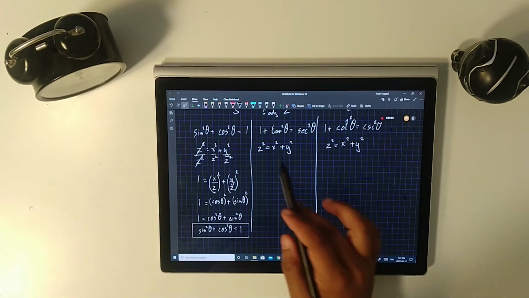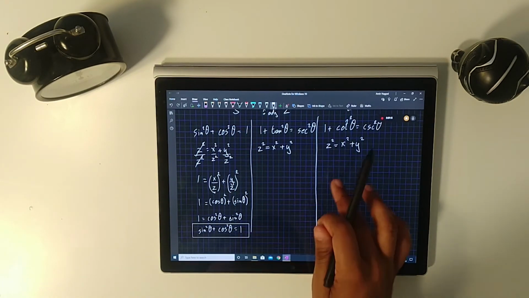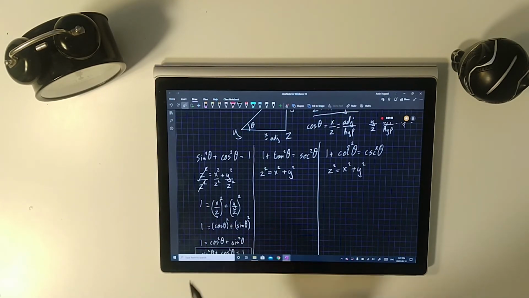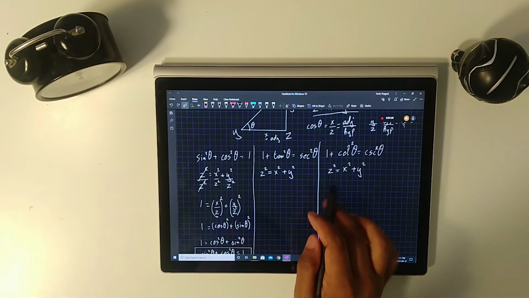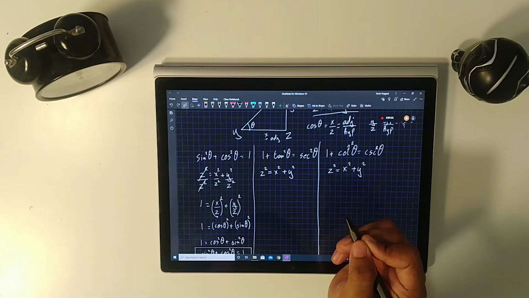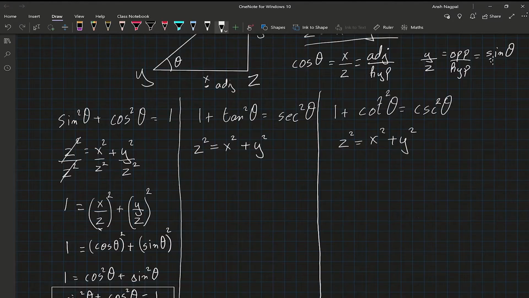Now let's take a look at 1 plus tangent square theta equals secant square theta. We have already divided by z square, and this is a very similar method. But over here, what we are going to divide by is x square.